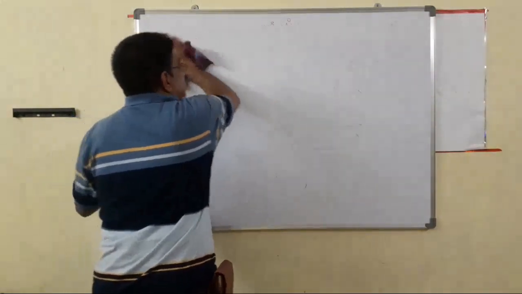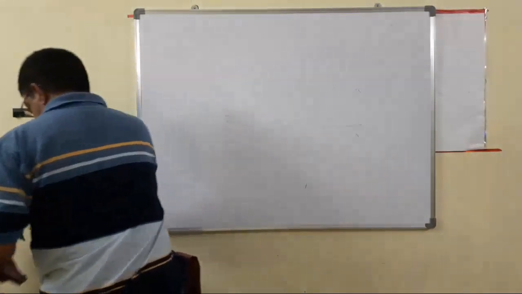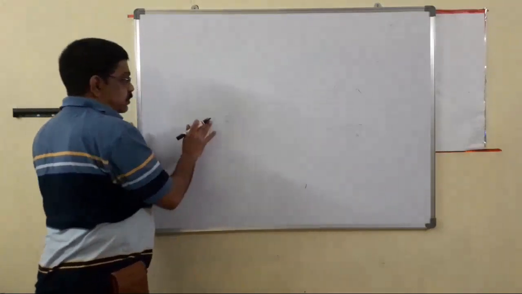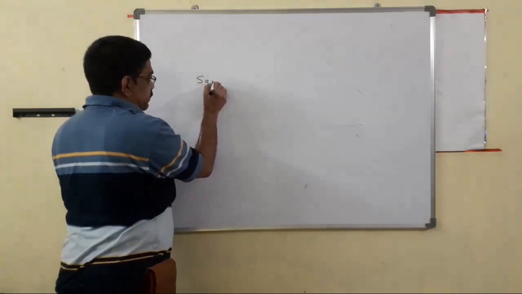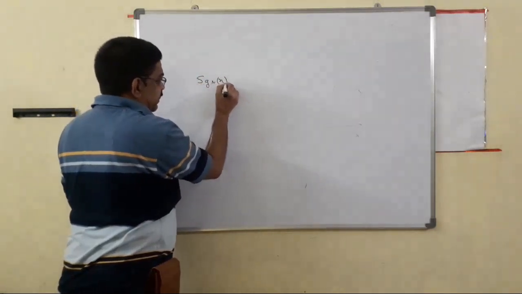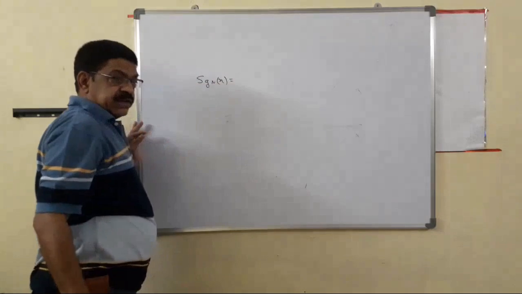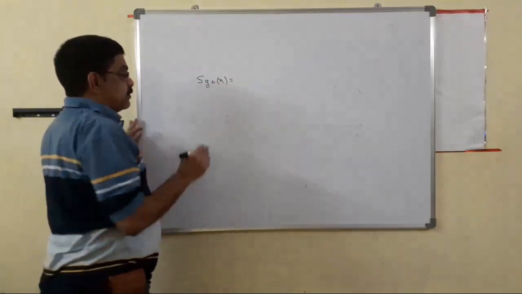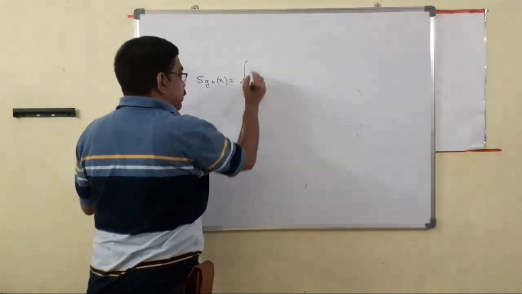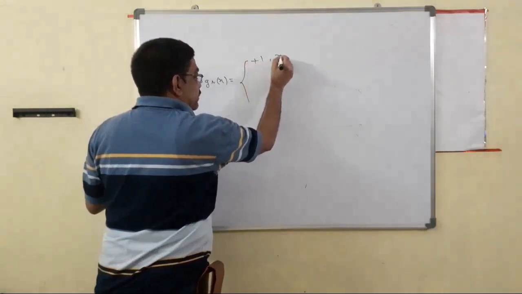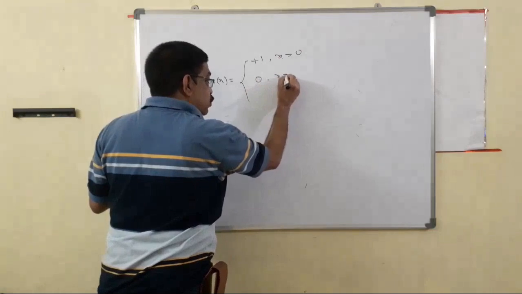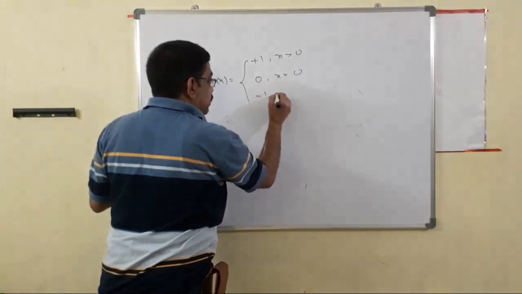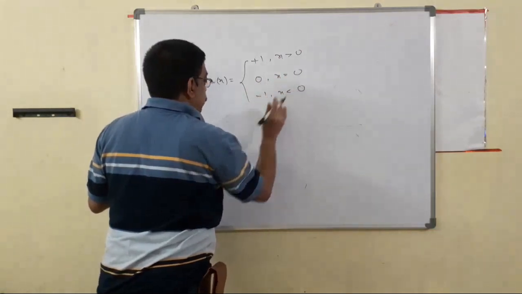Okay. Now I would like to define one more function which is called signum x, sgn x. It gives the sign of the variable x. It gives one of three values: plus 1 when x is positive, 0 when x is equal to 0, and minus 1 for x less than 0.